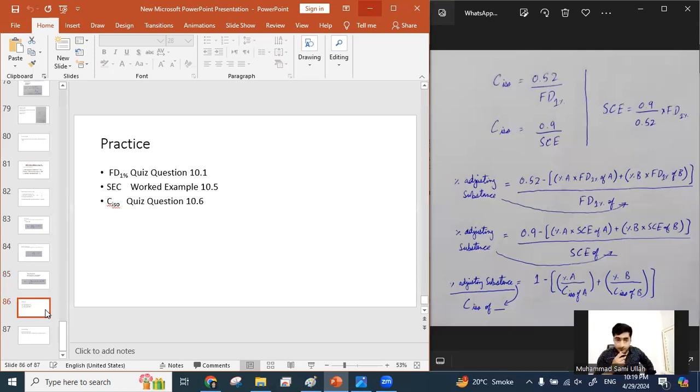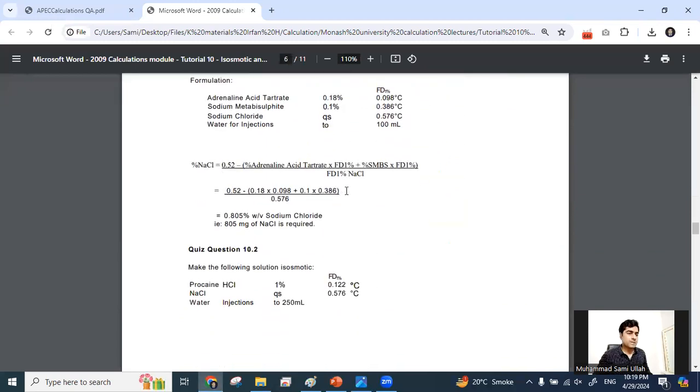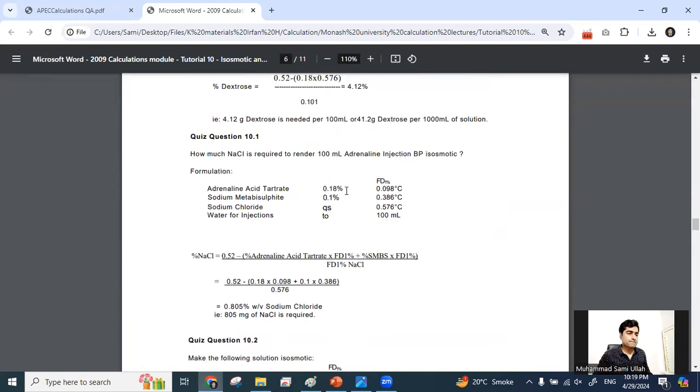Now we move forward, and this is as simple as these three formulas. Let me show you. I have selected three questions, one from each topic, and there is no complexity in these kinds of questions. Very simple chapter. First, we will go for quiz question 10.1.